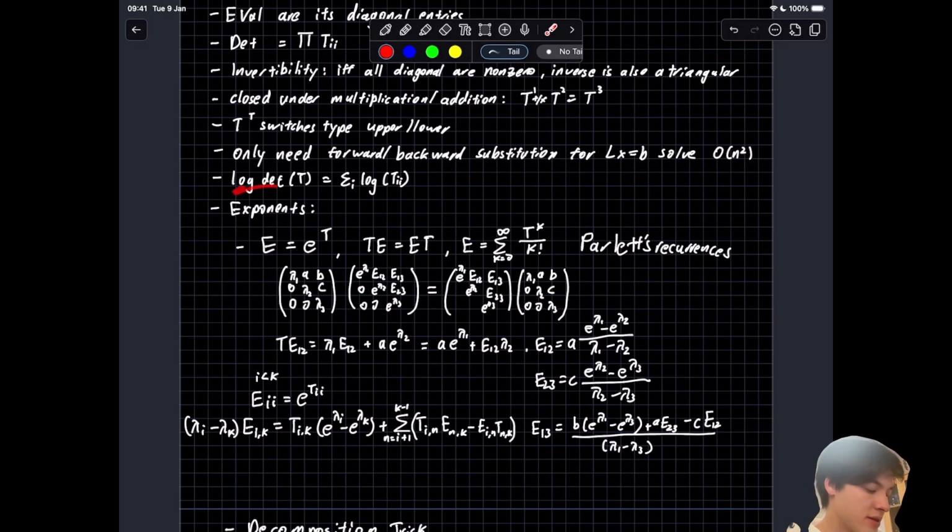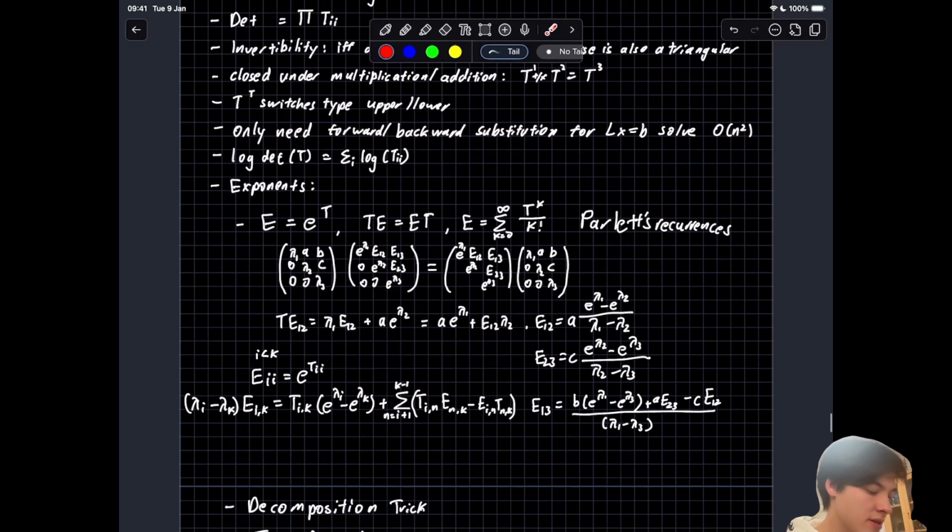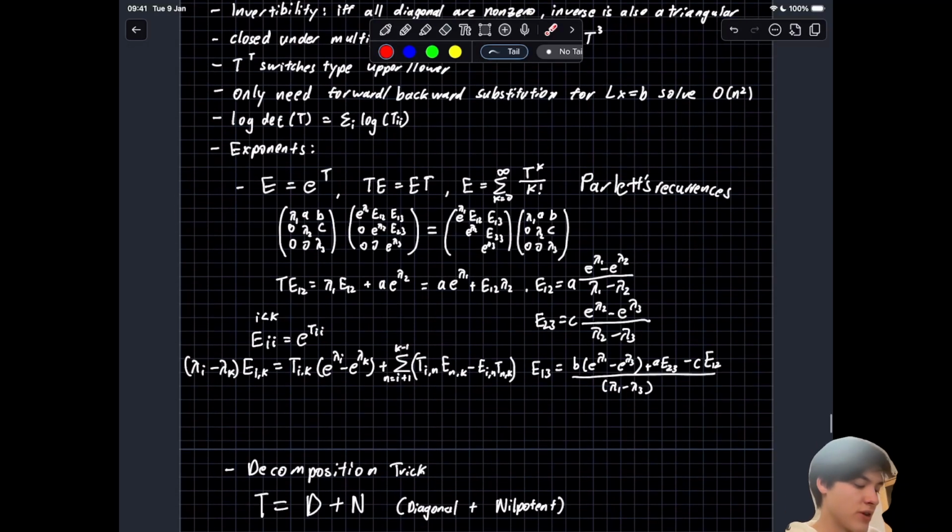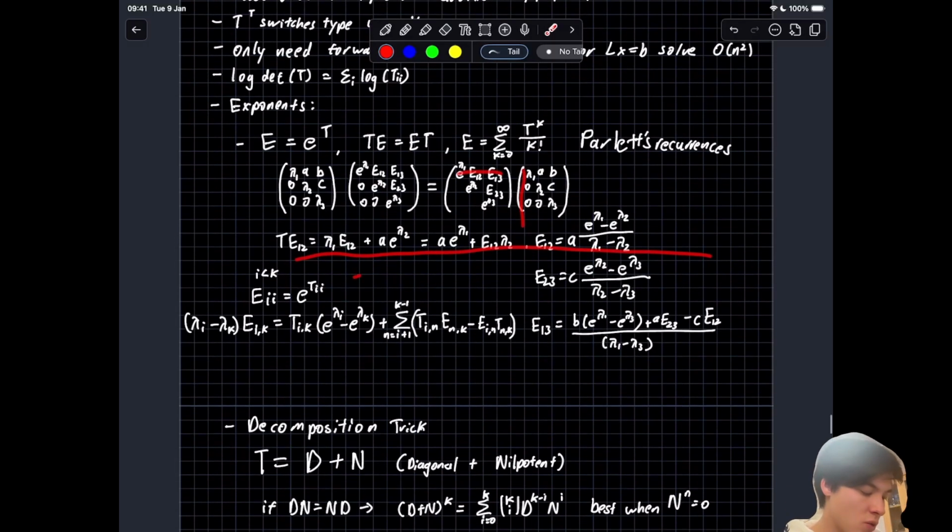Yeah, and the log is just the sum of the logarithm of the diagonal. And then we do exponents. It's also easy because I think this needs to apply. And then we can calculate, so if this equals this, then we have this formula where we can easily find the exponent, or find what e to the power of T is through the formula.